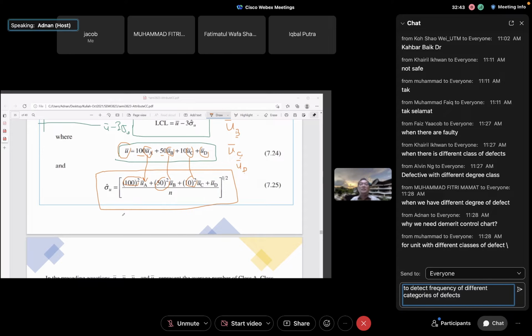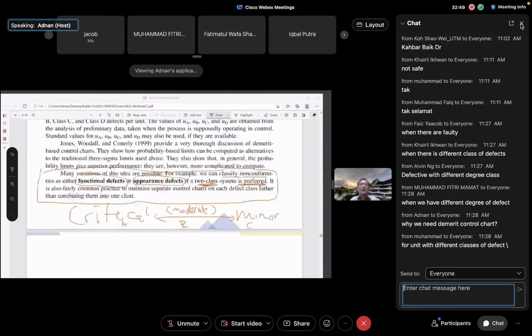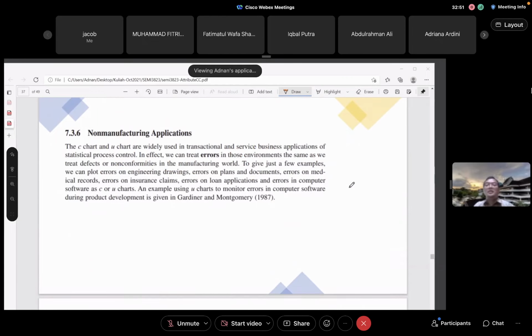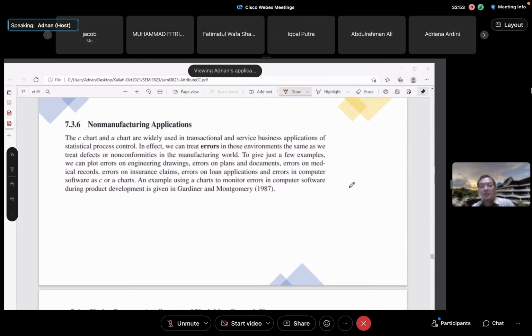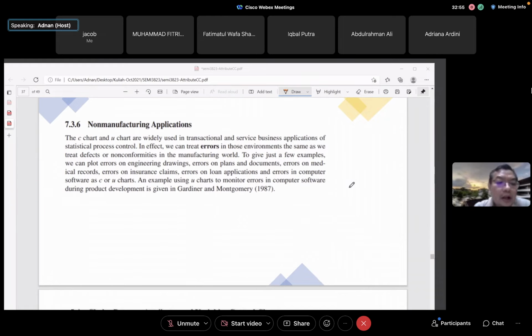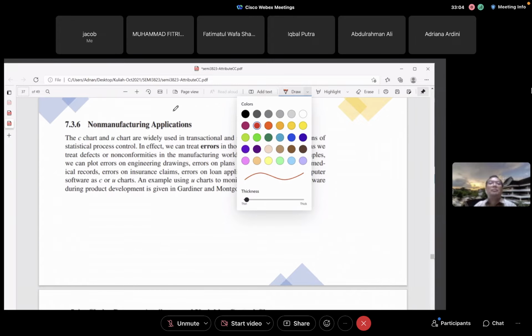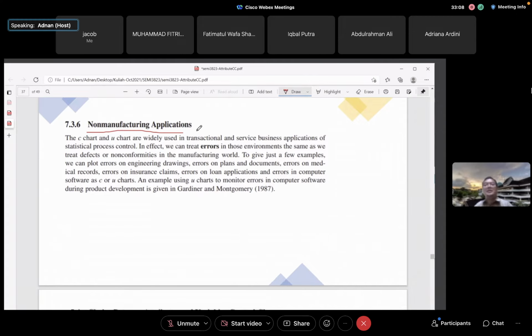Okay, let me move on to the general aspects of control charting. In non-manufacturing applications, control charts are not only used in manufacturing but also in non-manufacturing. As I mentioned before, it can be used in services like banking.